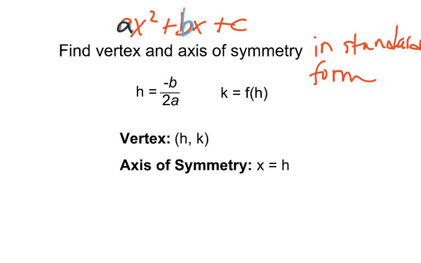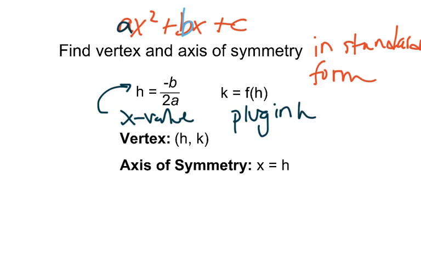So if you want to find out what your x value of the coordinate is, or your h, you're going to do the negative b over 2 times a. And if you want to find the k value, you're going to plug in whatever you got for your h. So again, your x value is going to be finding that h of the opposite of b divided by 2a, and then plugging in your h will get you the y value of that maximum or minimum.